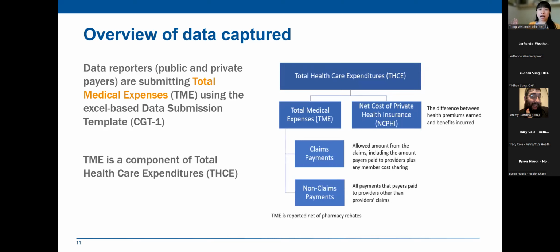Okay, so zooming out, how is this program going to collect healthcare spending, and what is healthcare spending? Overall, this schematic will show that what we are calling total healthcare expenditures, THCE, you can bisect into two types of data: total medical expenses on the left-hand side and net cost of private health insurance on the right-hand side.